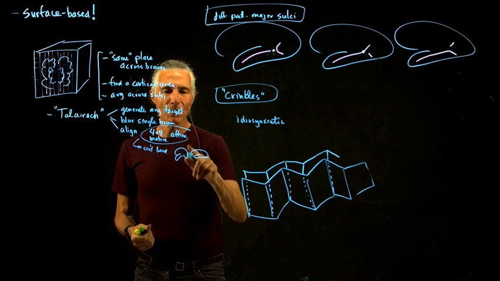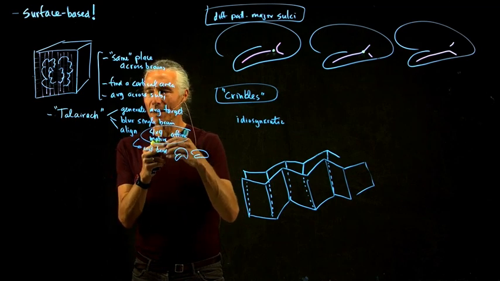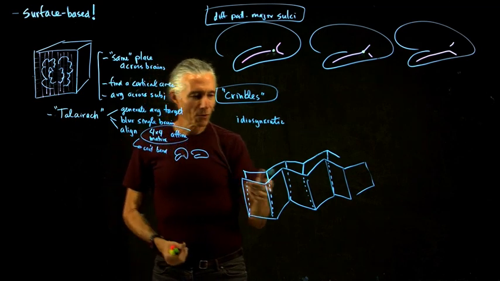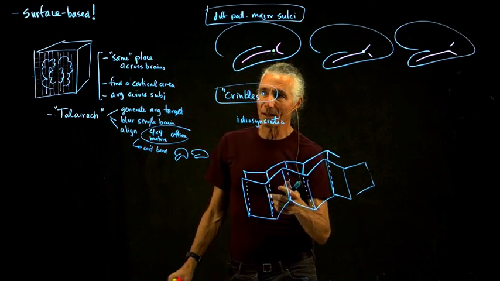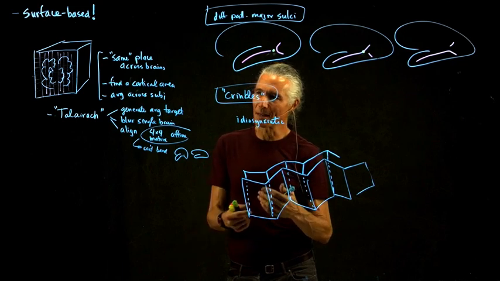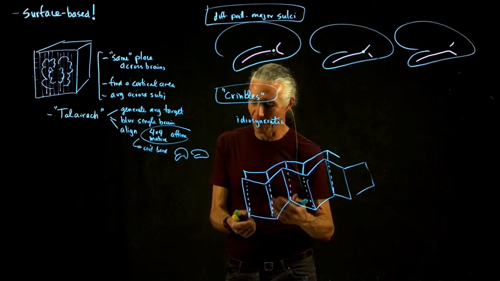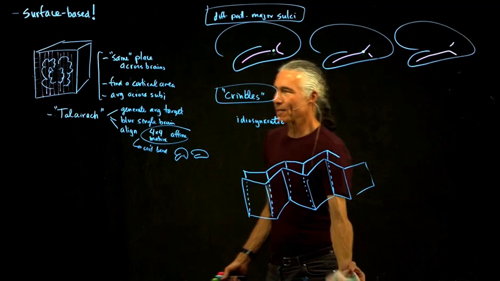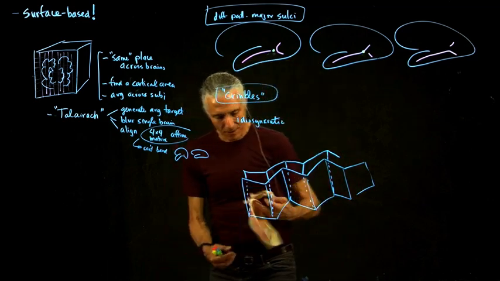And even if you use a higher order one that allows more crinkling and bending, those crinkles might not be that relevant. They're just idiosyncratic. They just happen to crinkle here. And if you align them up, maybe that's not actually helping you. So that's kind of the motivation for why you might want to do surface-based analysis.